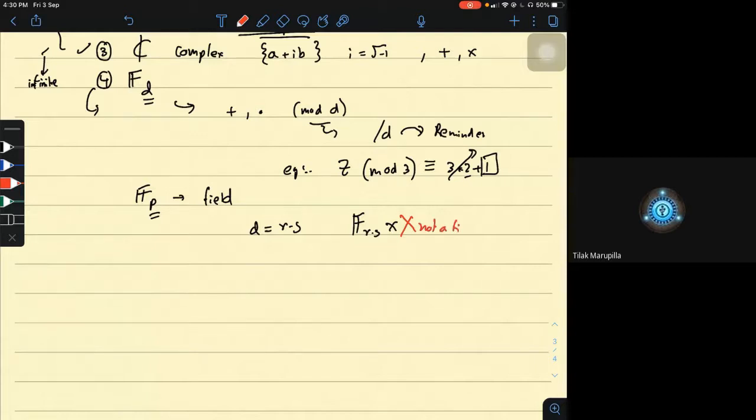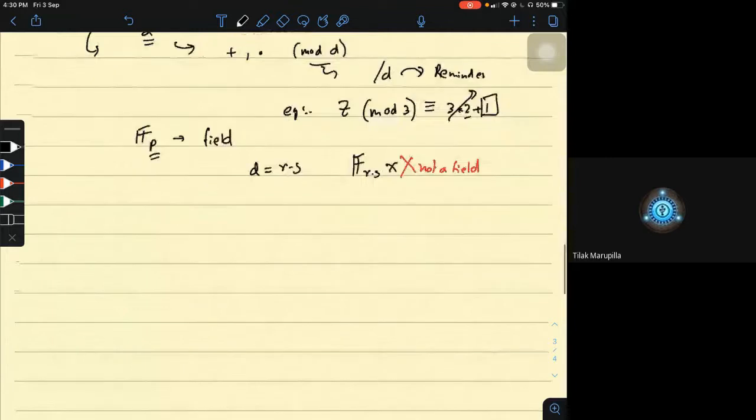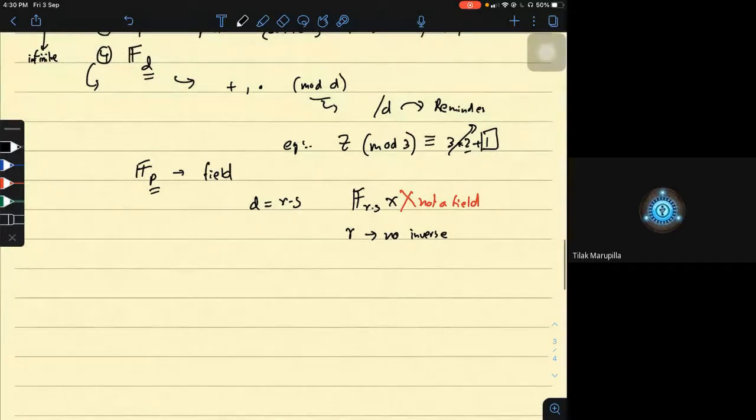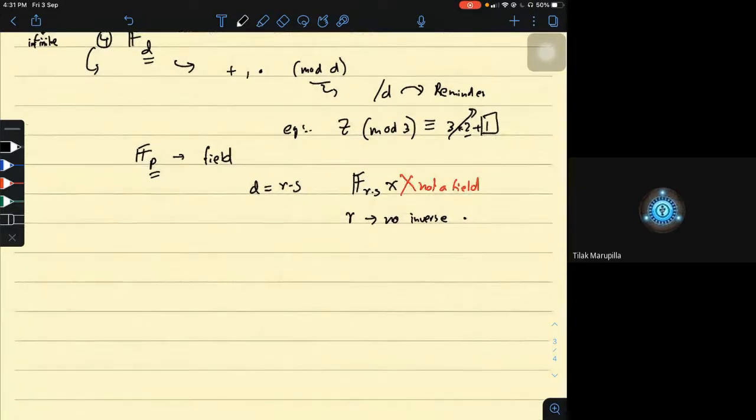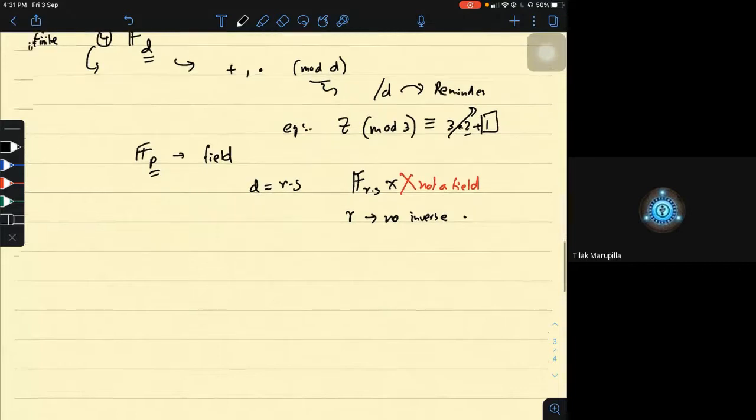A simple way of seeing this is that r will not have an inverse. This is not of much importance, but just note that a finite field of dimension d is not always a field unless d is prime or a power of prime.